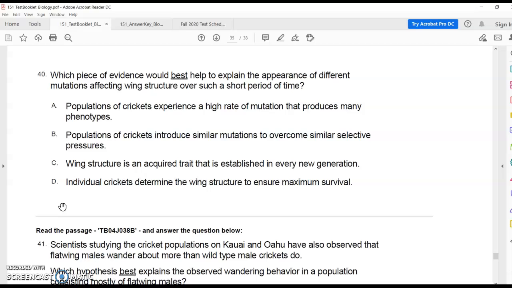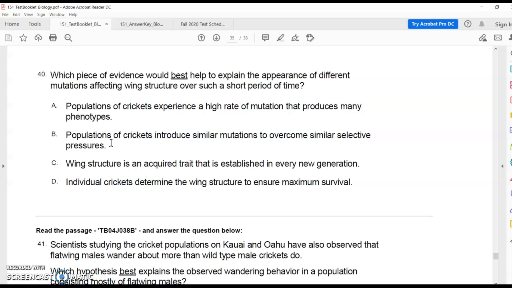Going to 40, I think you would narrow it down between A and B. B seems like the more obvious answer because they were trying to avoid dying from those parasitic flies.